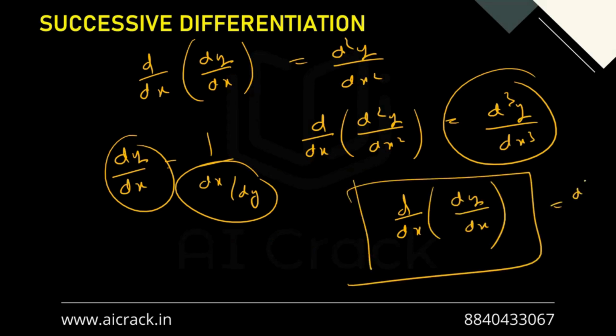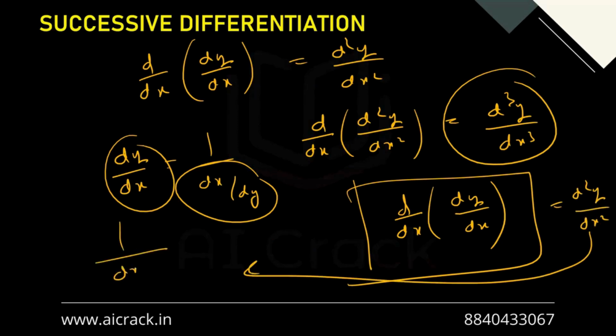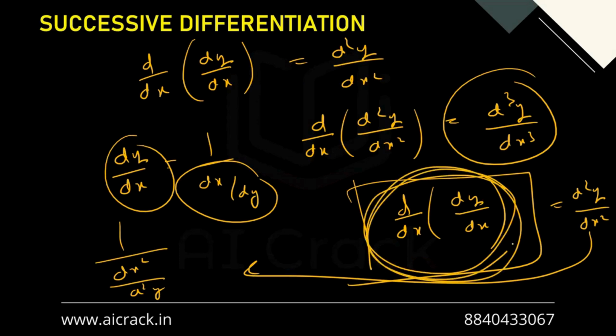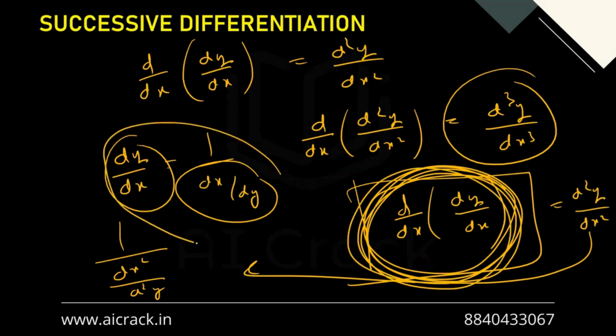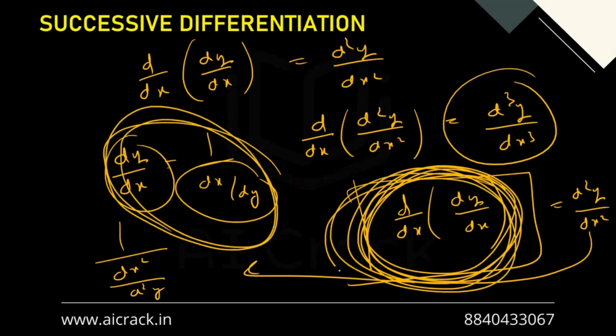This is d2y by dx square. We cannot write this as 1 upon d2x by dy square. We cannot do that. Because of this, we lose the linearity over here. That's why we're not able to do that. In this case, everything was linear. That's why we were able to do that. Over here, we cannot do that because we lose the linearity once we introduce the second order derivative.